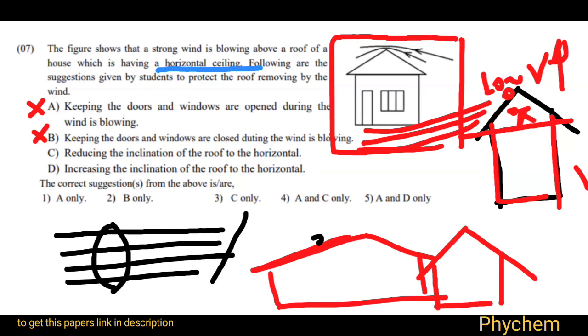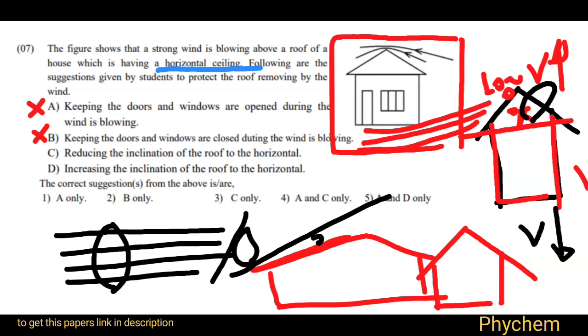But when you reduce the inclination, the cross-sectional area is reduced, so the volume entering is also reduced, so the streamline intensity is reduced. When the streamline intensity reduces, the velocity also reduces. When the velocity reduces, the pressure which initially decreased will now increase a little. Therefore, the difference in pressure will be reduced.